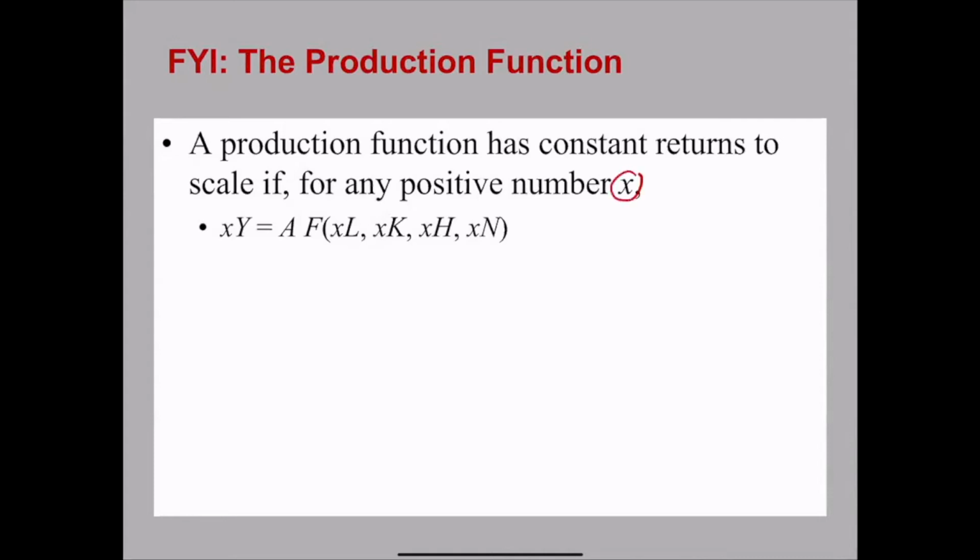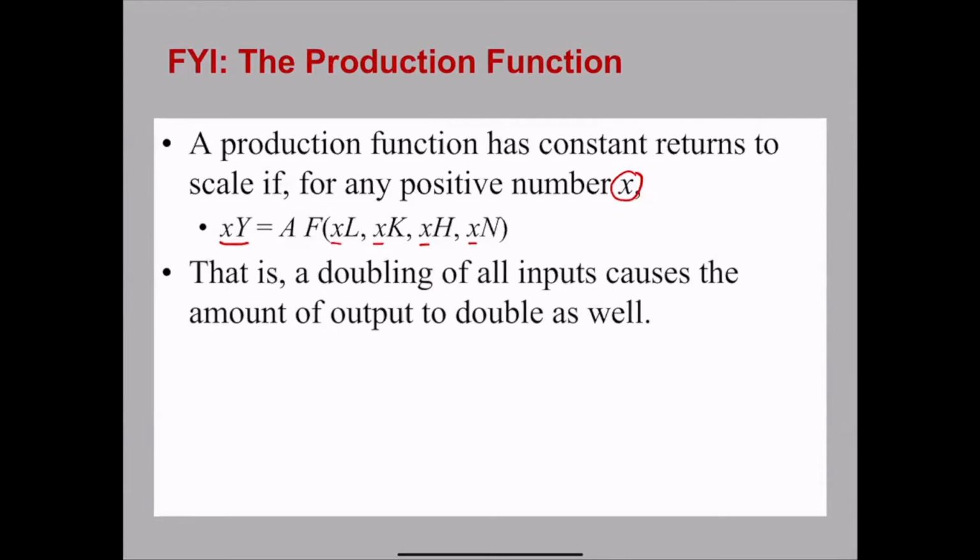For example, if there is a 10% increase in labor, the number of workers, a 10% increase in capital formation, a 10% increase in human capital, and a 10% increase in natural resources, we should achieve constant returns to scale, with output growing by the proportion x of the initial output before changing, right? So if we double everything, the output should double. This is the concept of constant returns to scale.